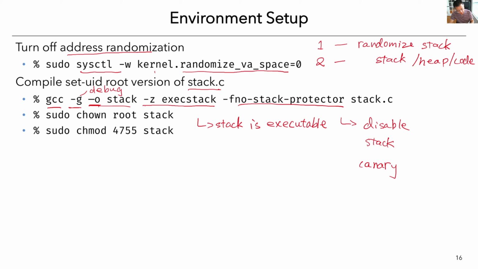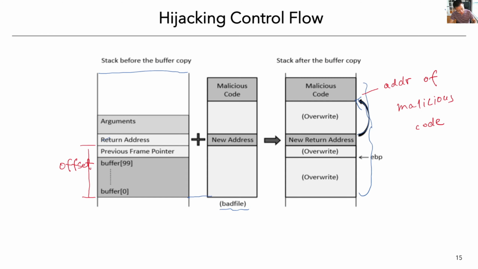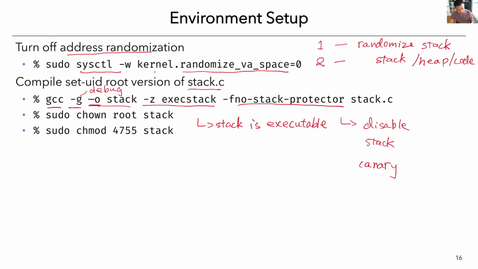Without enabling the executable stack, your shellcode, the malicious code, is on the stack, so the shellcode cannot be executed. If you try to execute the shellcode on the stack, it's going to cause an exception, right?